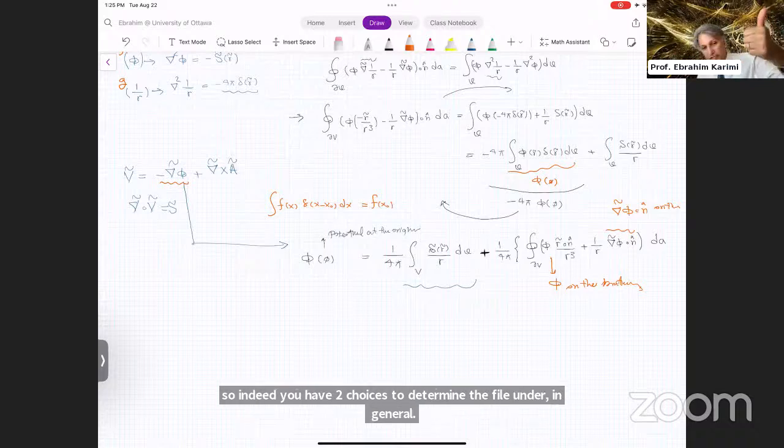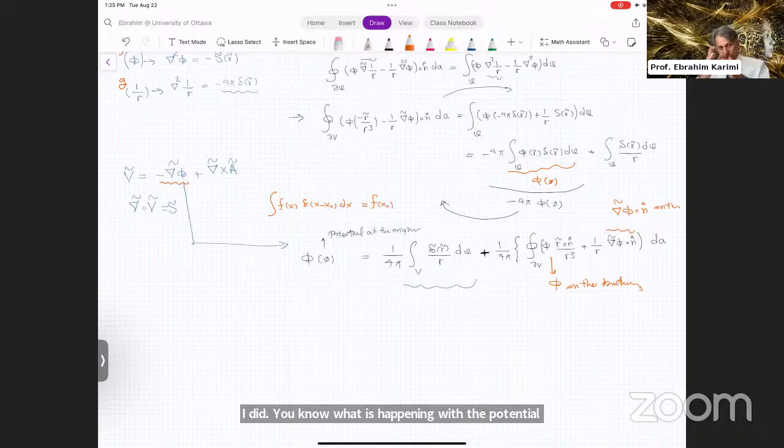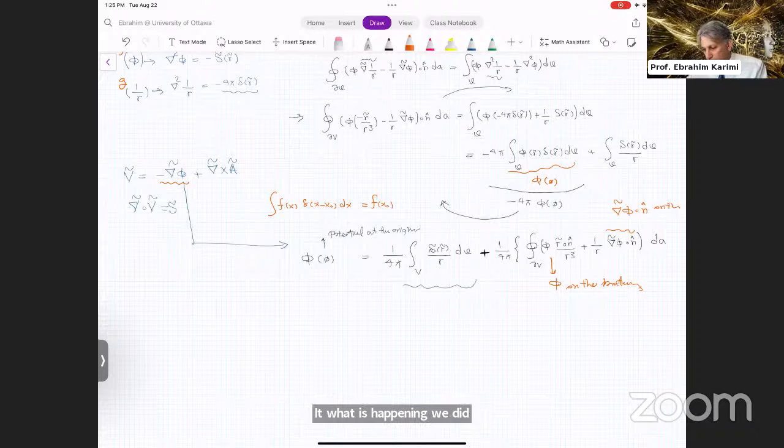Either you know the potential on the boundary, or the second choice is that you know the normal component, the gradient of phi dot n on the surface.